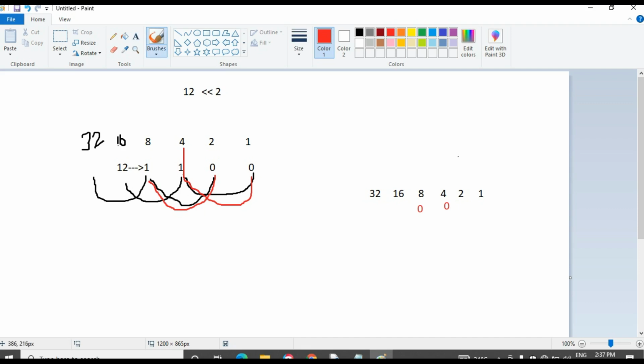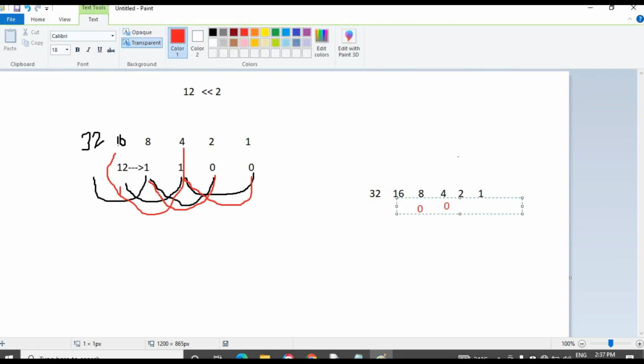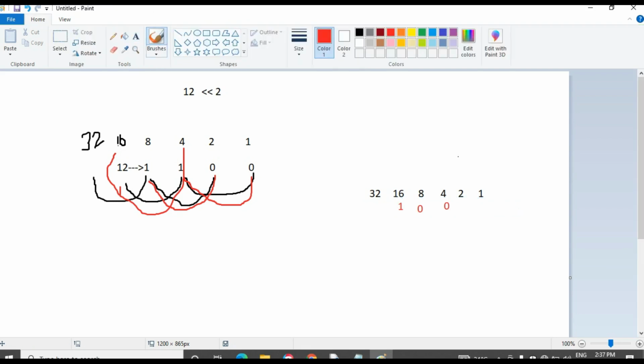Then this 1 will be moved here, to the 16th position. That one will be shifted into the 16th position.